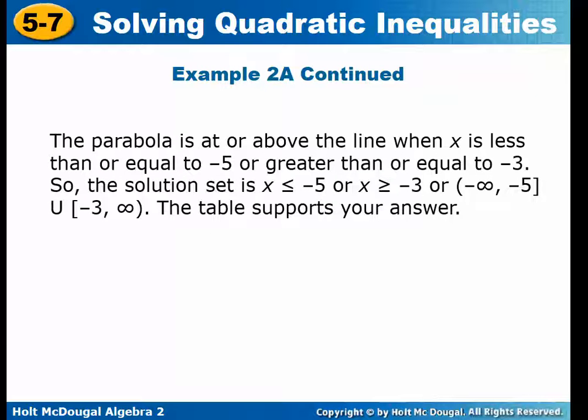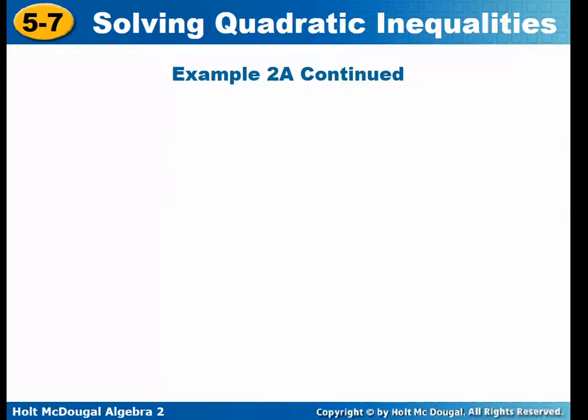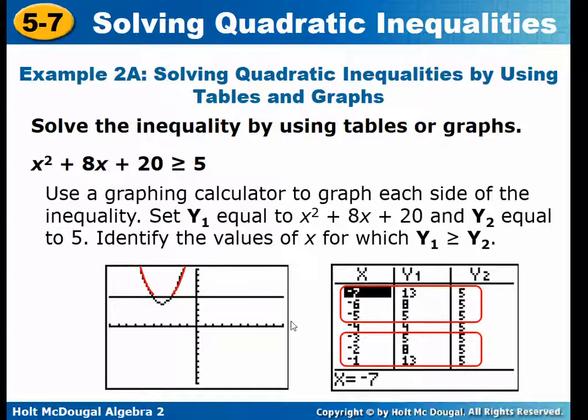So we do graph it. We graph both of those at the same time. And when we graph it on a graphing calculator, it looks like this over here. So we graph the parabola x squared plus 8x plus 20, and it gives you this curved line, and we graph y equals 5, and it looks like this.